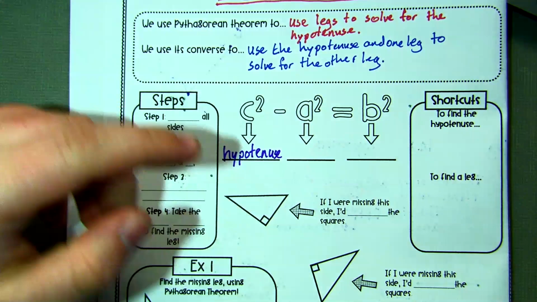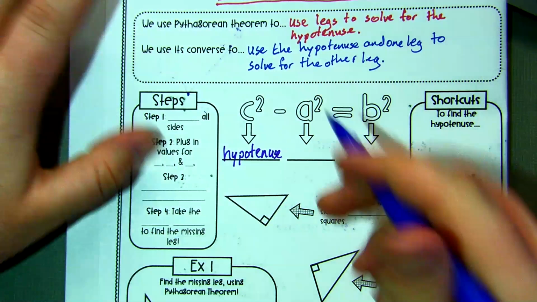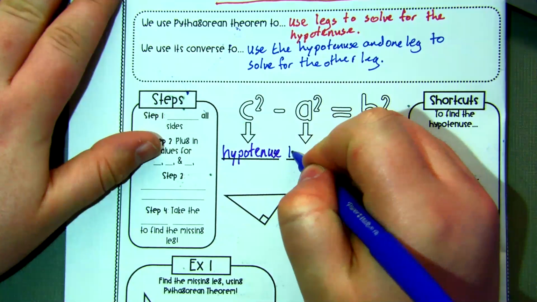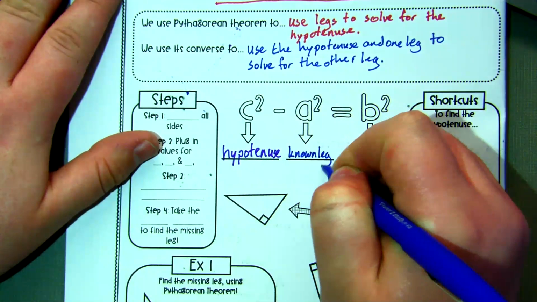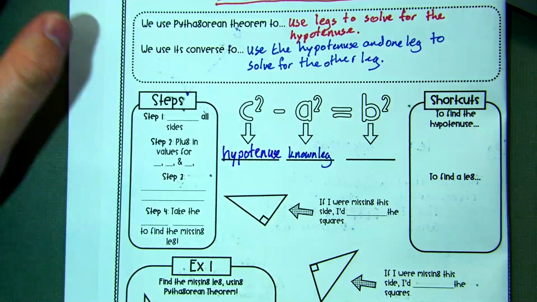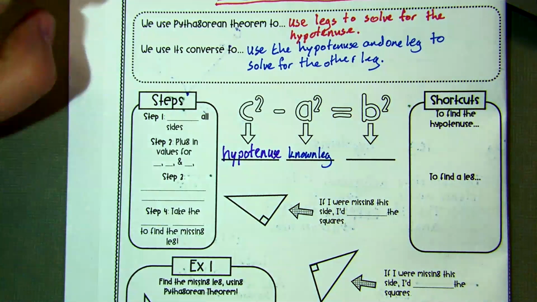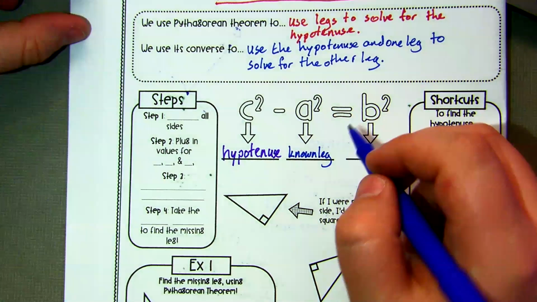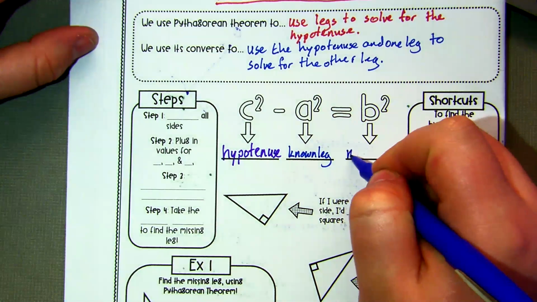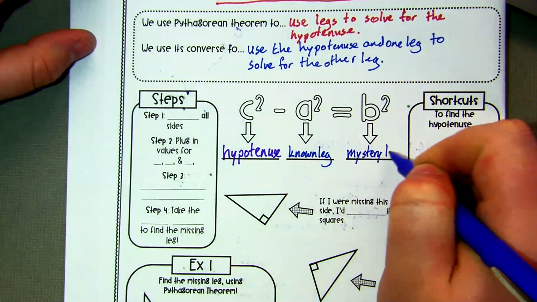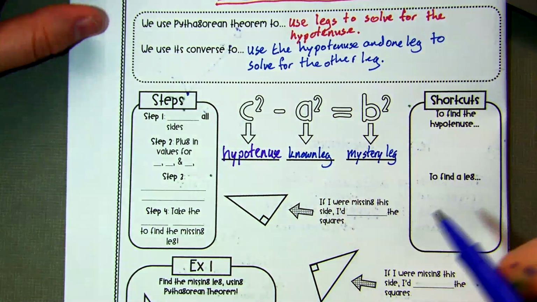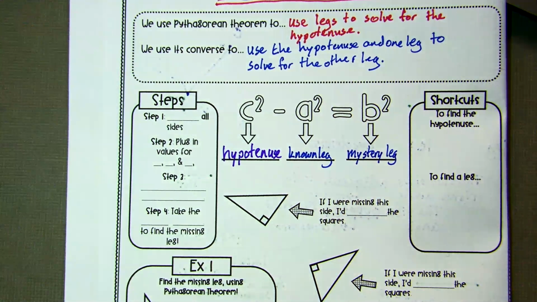This time, A is going to be our known leg. So that's going to be whichever leg we know the most information about. And then B is going to be our mystery leg. B is going to be whatever we solve for.